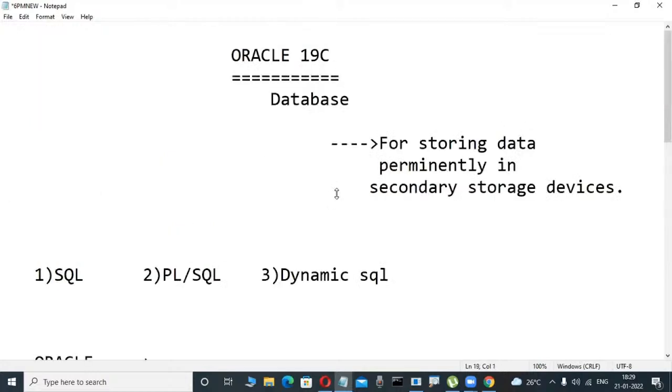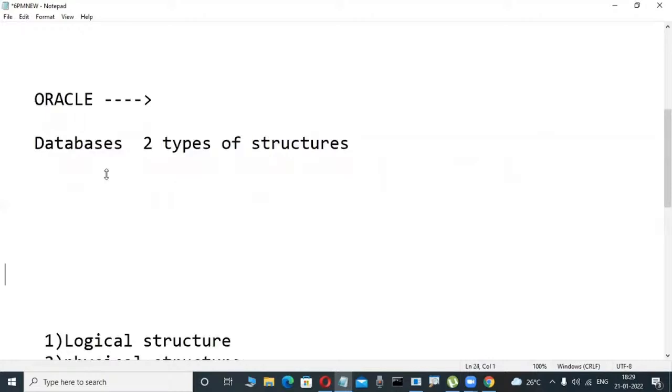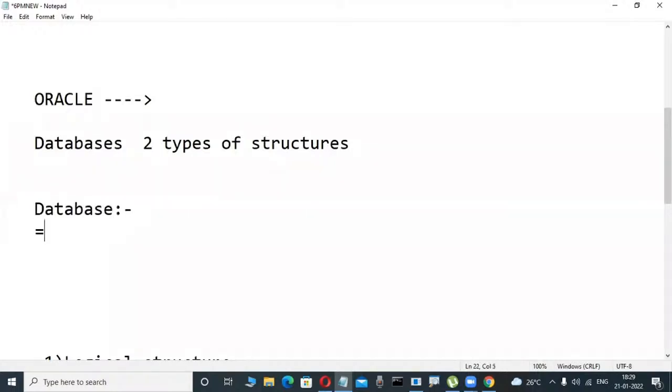Before we tell what the logical and physical structures are in every type of database software, just the database definition: in books, so many fellows are writing it like this. Today at least you will understand. What is a database? Anybody observing in Google or in books will see it is a place. Don't read it.